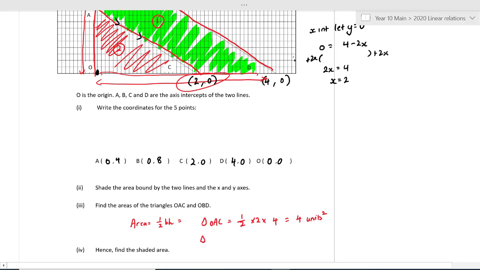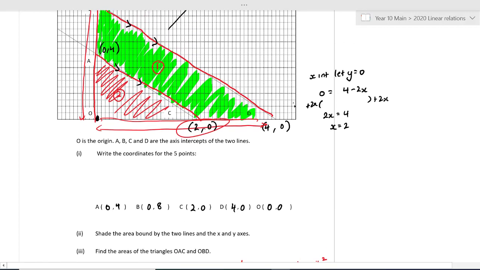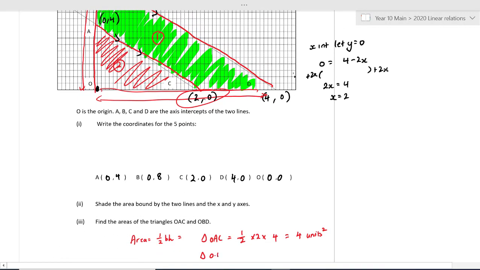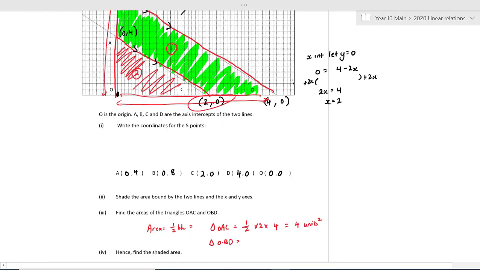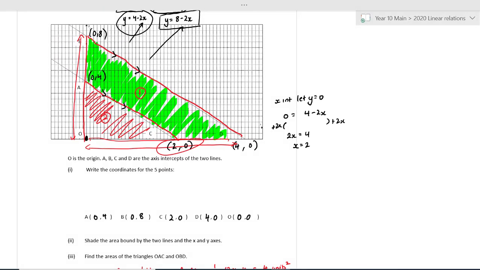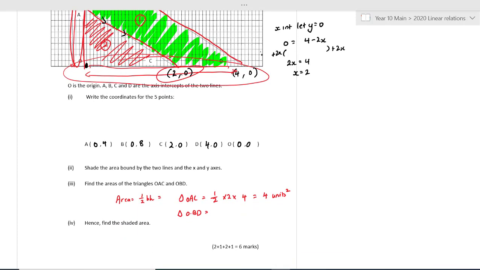If I had triangle OBD, then we're looking for this triangle up here. There's my height. There's my base. So that's 4 times 8, and we're obviously multiplying that by a half. 4 times 8, well, 4 8s are 32.